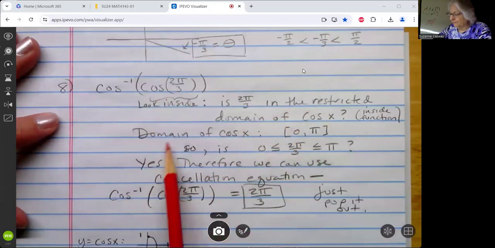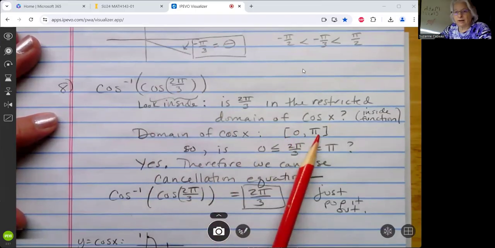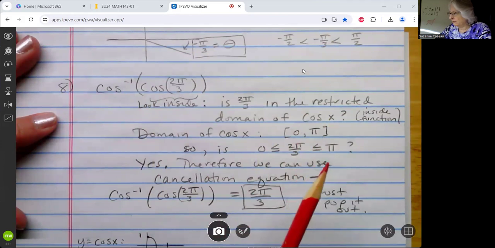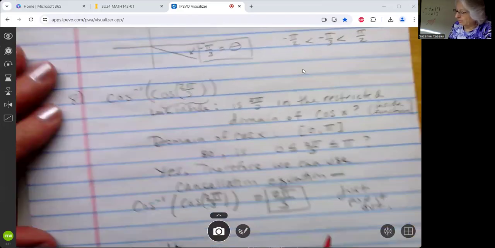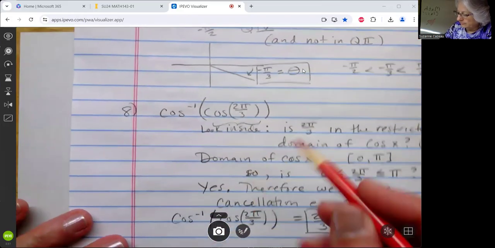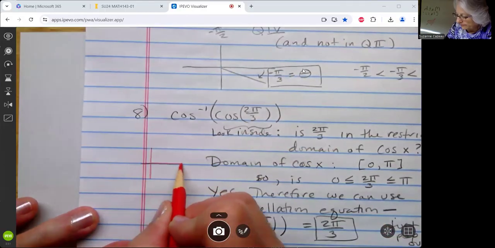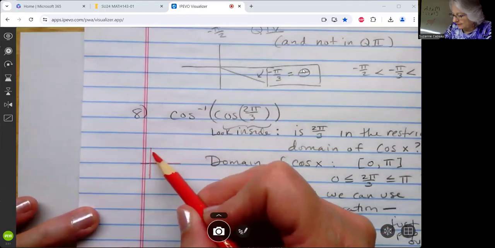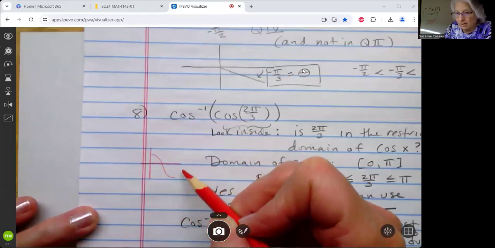So right there, the domain of the cosine of x is 0 to pi. You might remember, cosine looks like this, but then it starts to go back up, so you have to stop.